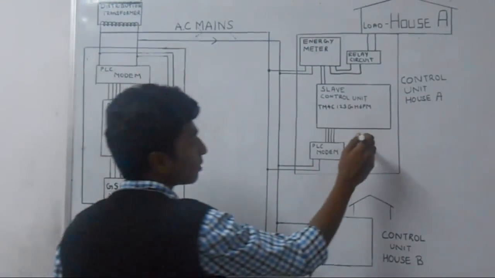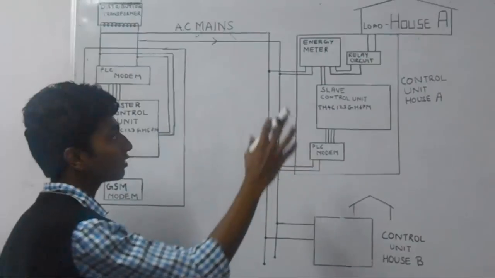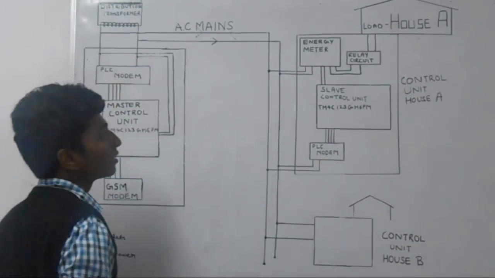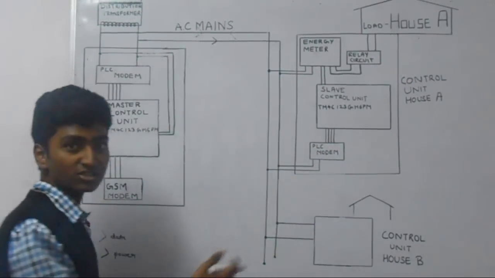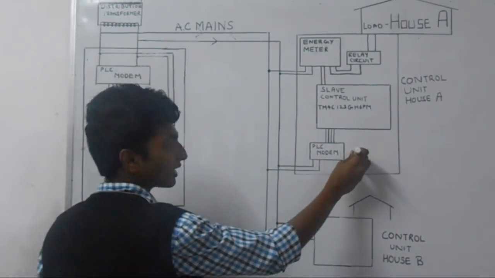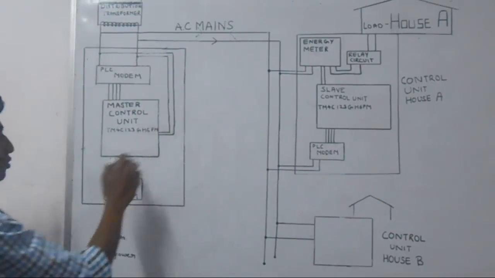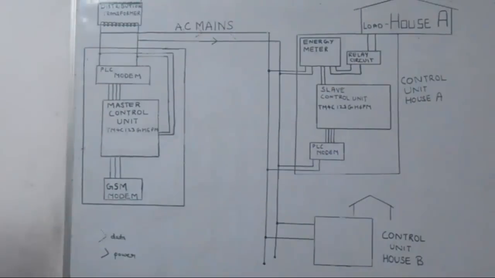Now this is called a smart energy meter in the sense that it can keep a continuous track of the power usage of that particular house. In case that house exceeds its sanctioned load, then it will get to know about the limit exceeded. Now the same information can be sent over the power lines to the master control unit, which is installed at the transformer side.